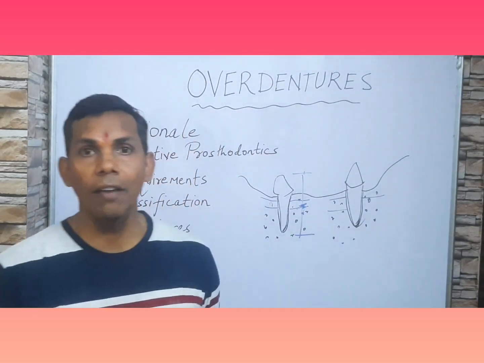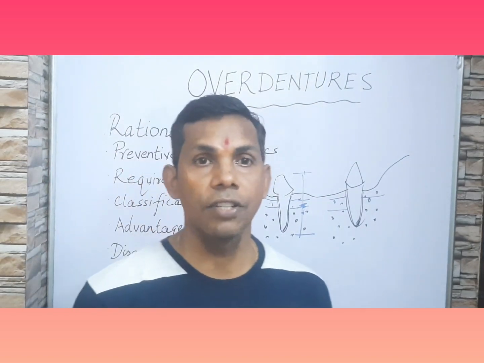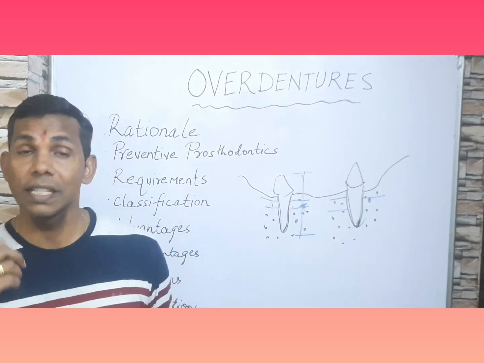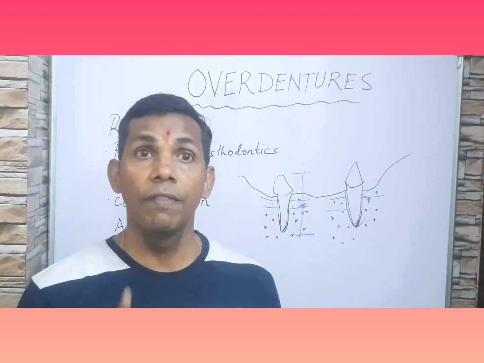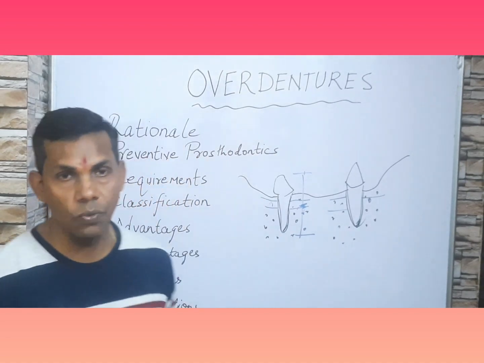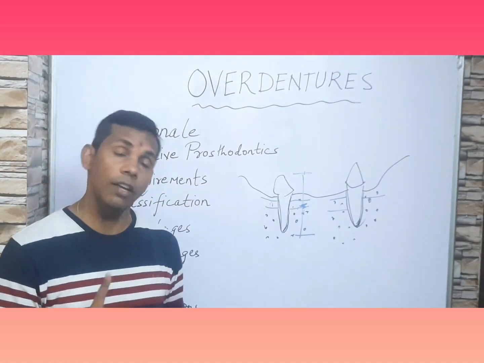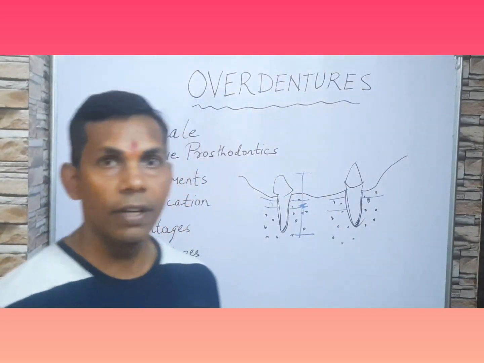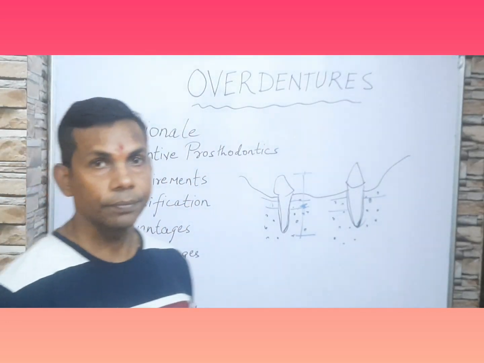It should not have recent extraction sockets. Even if you have recent extraction sockets, you can still make an immediate overdenture, which is one of the overdentures you can make. Then you have to change the dentures and make a transitional or the definitive overdenture.